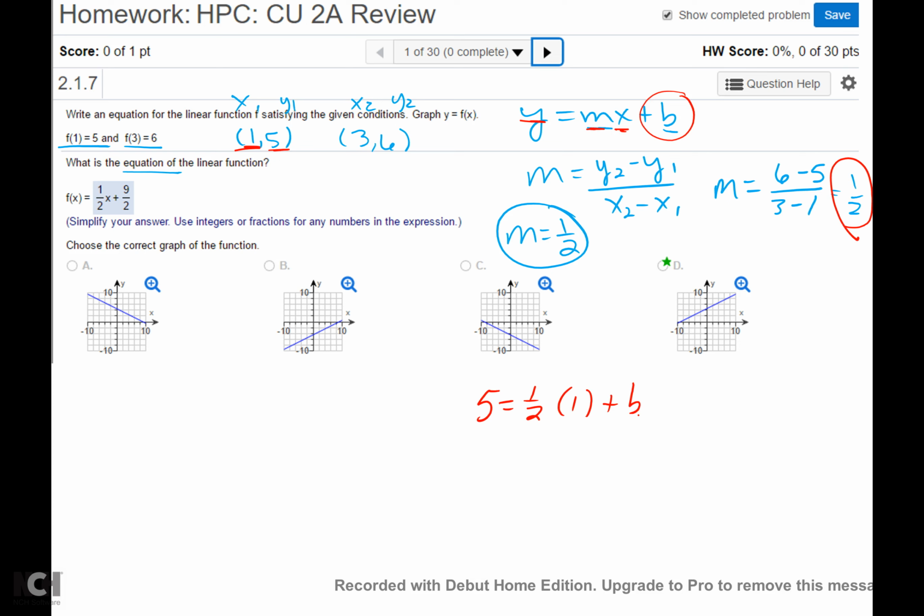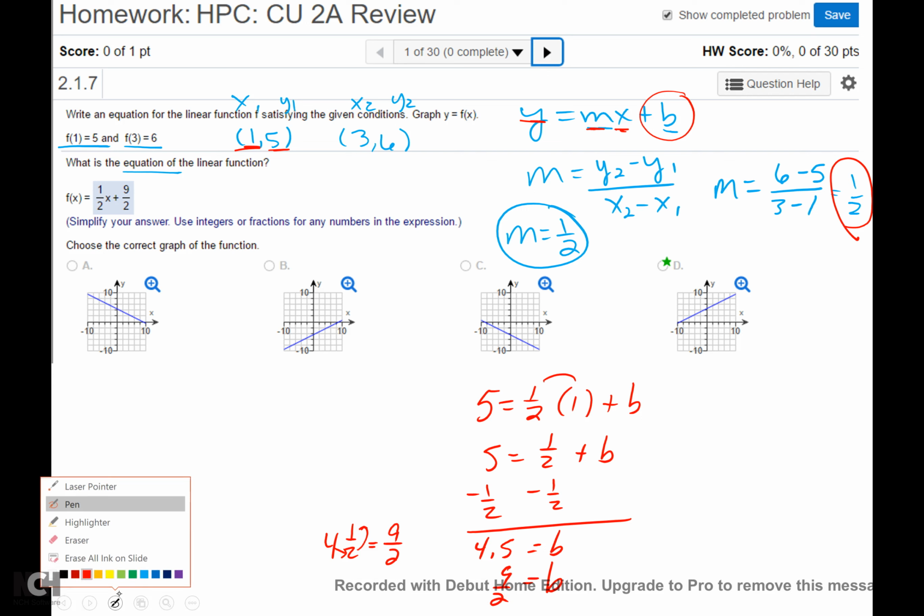And then I solve. 5 equals 1/2 plus b. Subtract a half from both sides. b equals 4.5, which is 9 over 2. So b is 9 over 2.